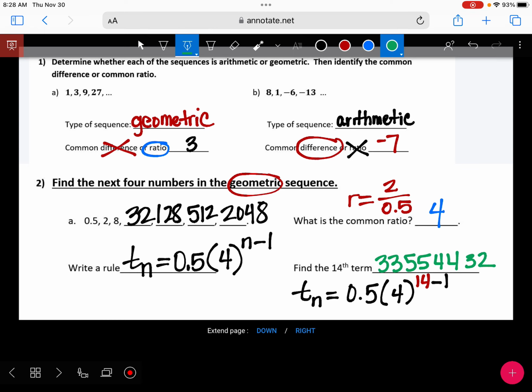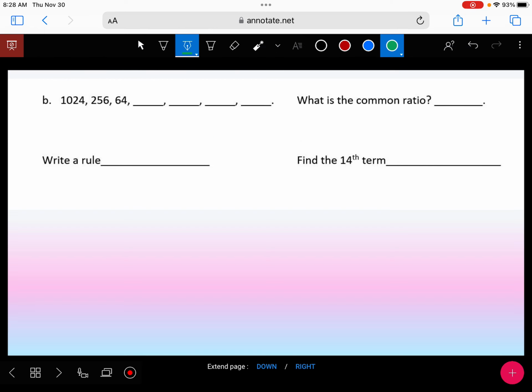All right, let's keep going. All right, go ahead and figure out your common ratio. The numbers are getting smaller, so you can write your common ratio as a decimal or as a fraction. And again, if you're not sure what we're multiplying by, take T2 divided by T1. That's like the cheat method, and it works.